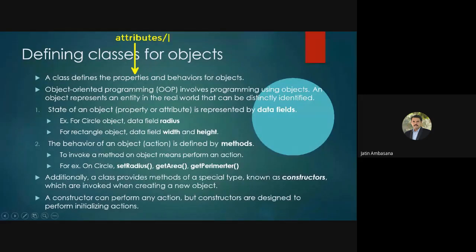These are also called variables, or simply instance variables, variables that belong to the instance, not to the class. Remember there are 2 types of variables: class variables and instance variables. Instance variables are those which belong to an object, not to the class. They are also called attributes, properties, or data fields. Some even call it a data field.